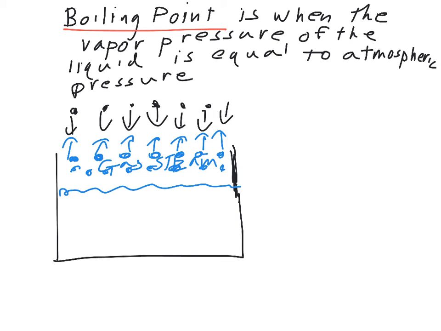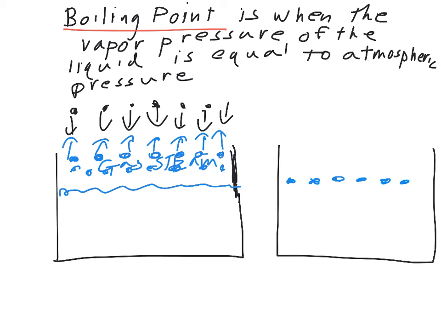Okay, so how does the presence of salt interfere with this process? Well, in order for water to enter the gas phase, the water molecule has to leave the surface of the liquid. And if you have just pure water here and you look at the surface of the water, you have a bunch of water molecules, and those water molecules can launch from whatever point on the water's surface they want to.